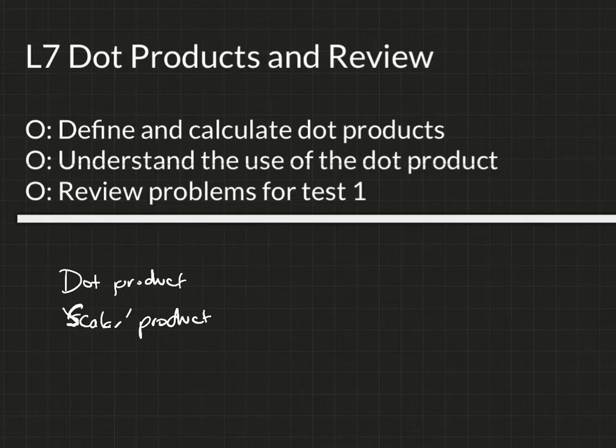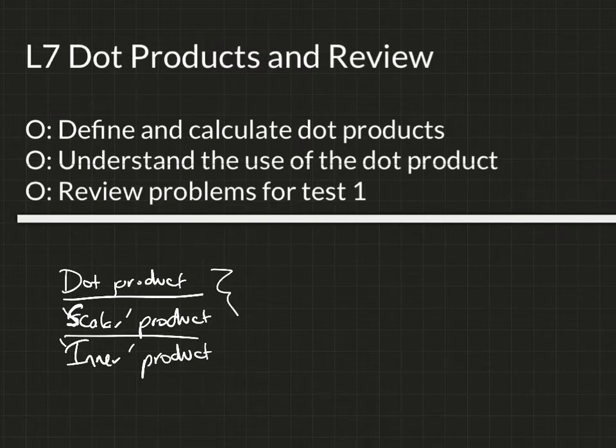And sometimes you'll hear this called the inner product, and that's based on some indices from vector notation. You'll usually hear me call it the dot product. Your textbook's going to call it the scalar product. So either one of those.